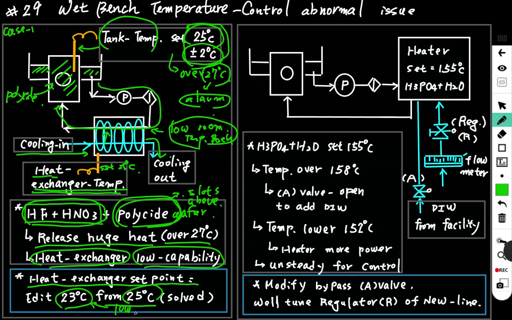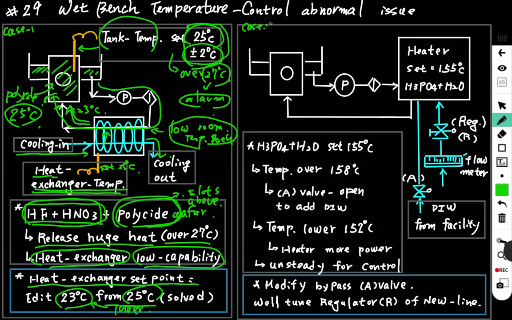So we set a lower temperature to let the chemical into the tank at just 23 degrees, and lower 2 degrees to make the tank's temperature equal to 25 degrees centigrade. This is case 1.